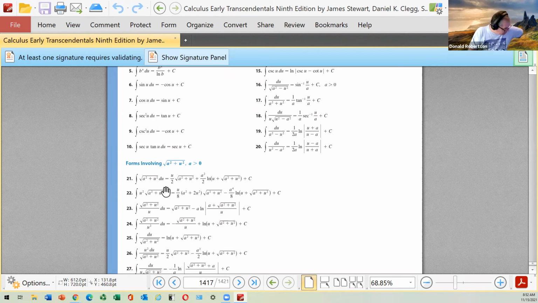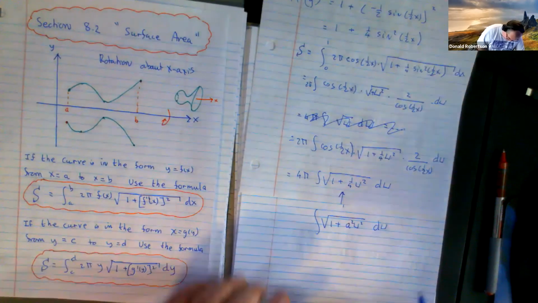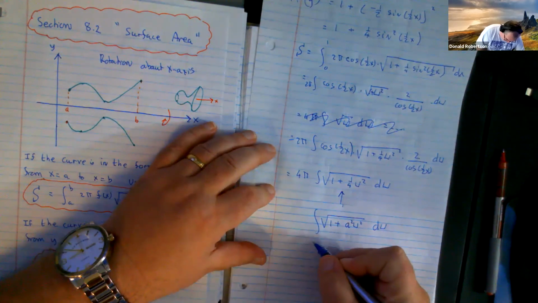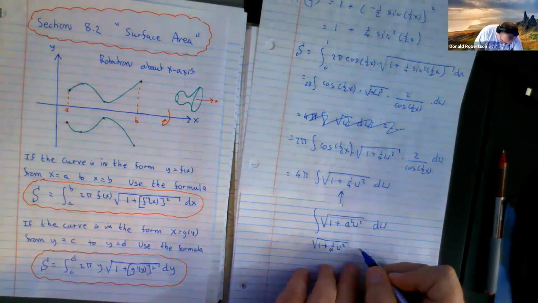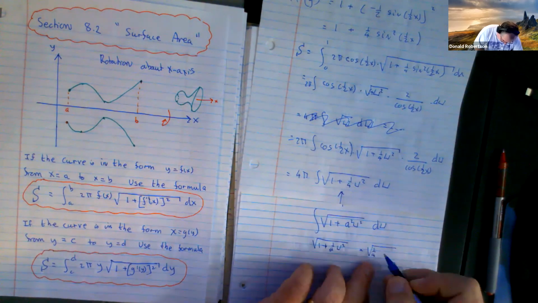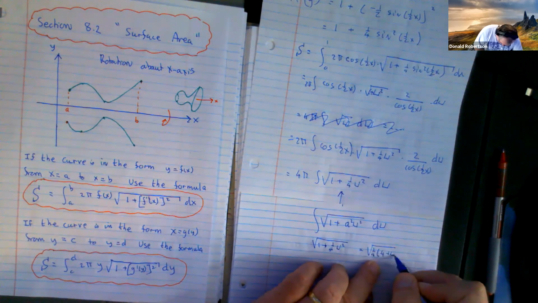The one that we're looking for is not quite that, but it's the one we're going to use. We want 1 plus a quarter u squared. So I'm going to leave that and show you how you make it look like the one in that table. If you take 1 plus 1 quarter u squared and pull out 1 quarter, you get 4 plus u squared.